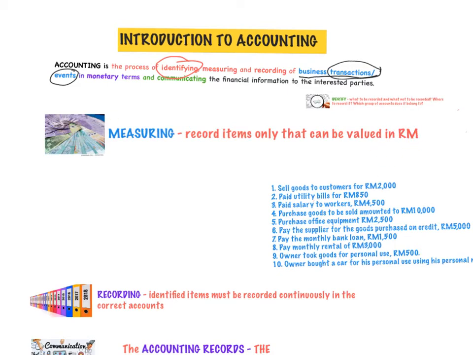So all transactions here must be recorded in RM. For each transaction that we have here, we have monetary values attached. Because of this, we only measure transactions that can be recorded in monetary terms.